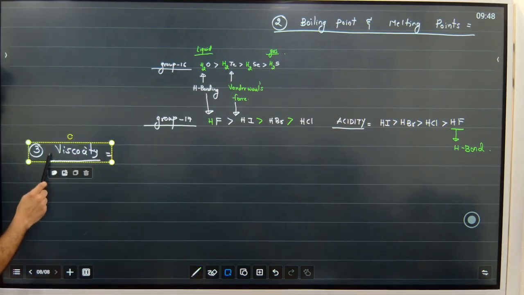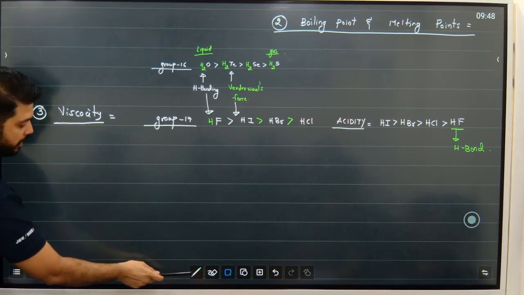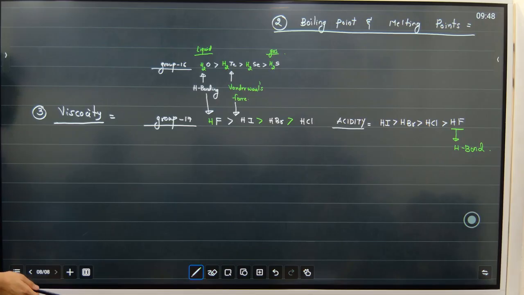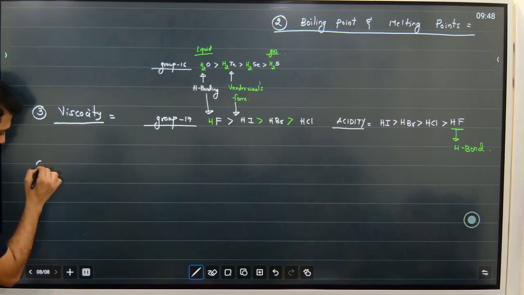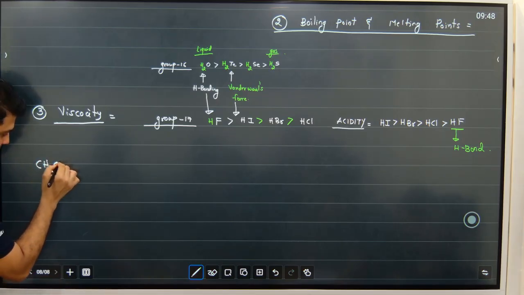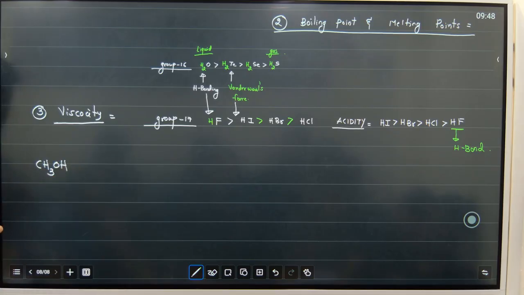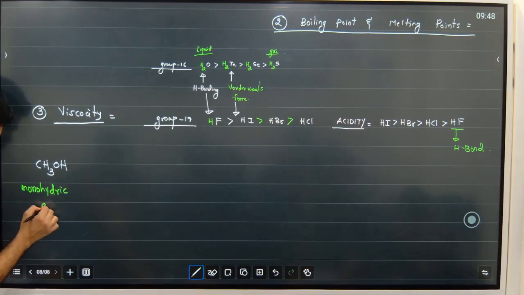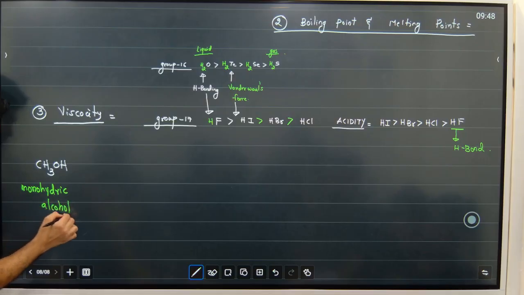So similarly, this viscosity is affected by hydrogen bonding. For example, if I consider methanol, methanol is only one OH containing alcohol. इनको हम बोलते हैं monohydric alcohol. Monohydric means containing only one OH.